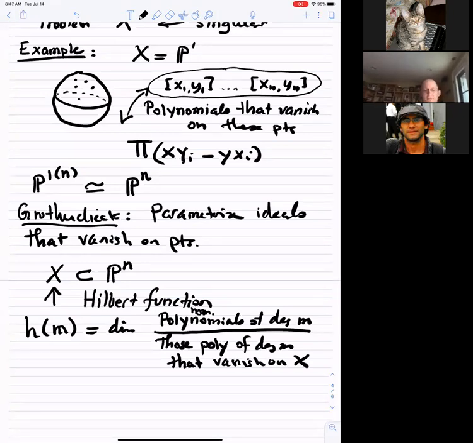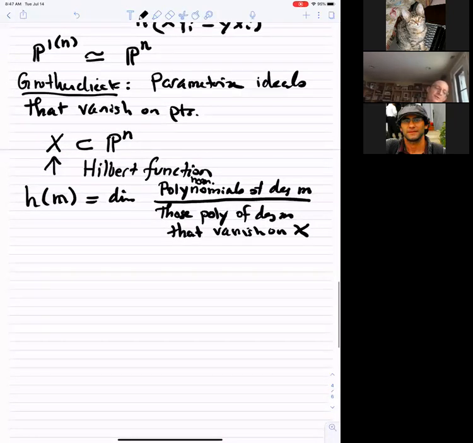You look at linear polynomials modulo those that vanish on X, quadratic polynomials modulo those that vanish on X, and so on. If you've taken Hartshorne, you can think of this as H naught of O_X(m), right? That's what this is.